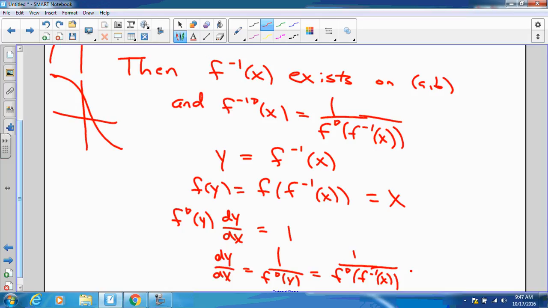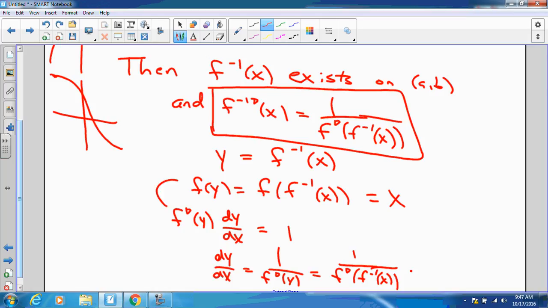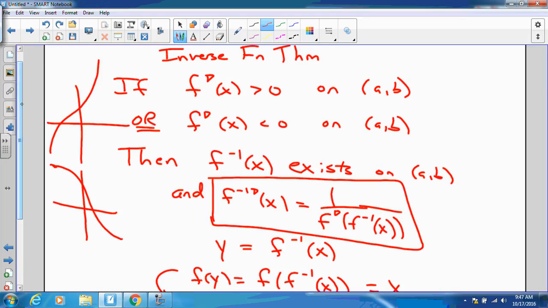Now, practically speaking, sometimes we are going to use the inverse function theorem directly in this form, and sometimes it's more convenient to walk through the two-step logic process that we did here to get there. And that's what we're going to do with our inverse trig functions.